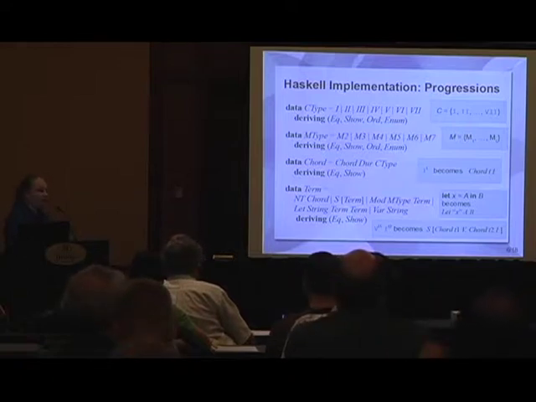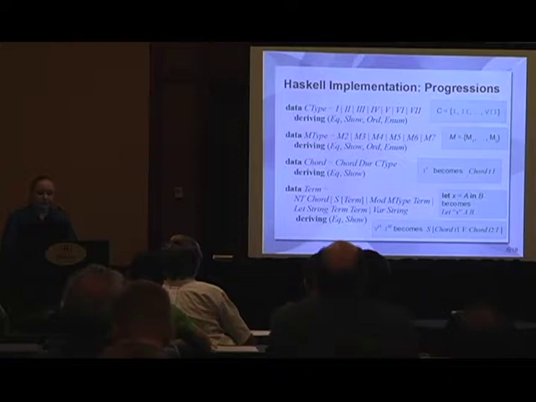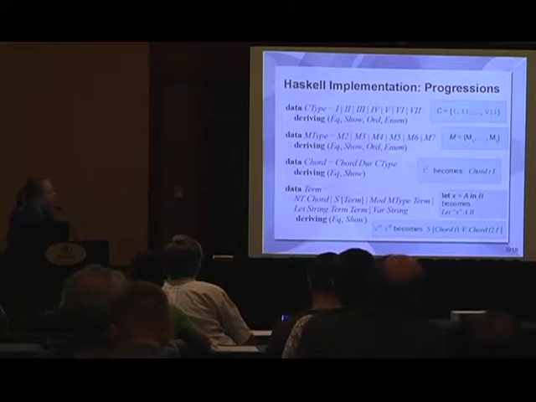We call that a term. A term can either be a chord, a sequence of terms, a modulated term, or one of these let expressions, where in the math we would write let x equal a in b, and in Haskell that just becomes let x a b. A little bit shorter.